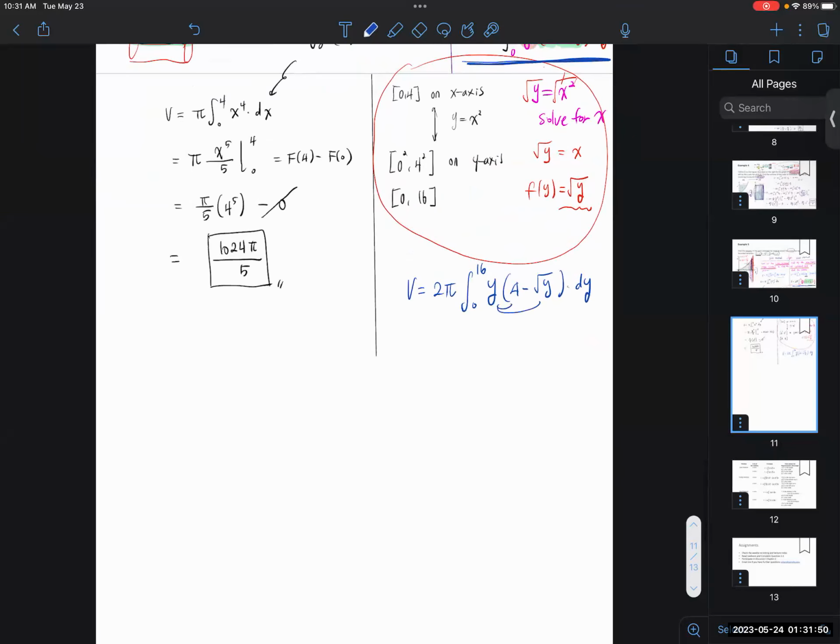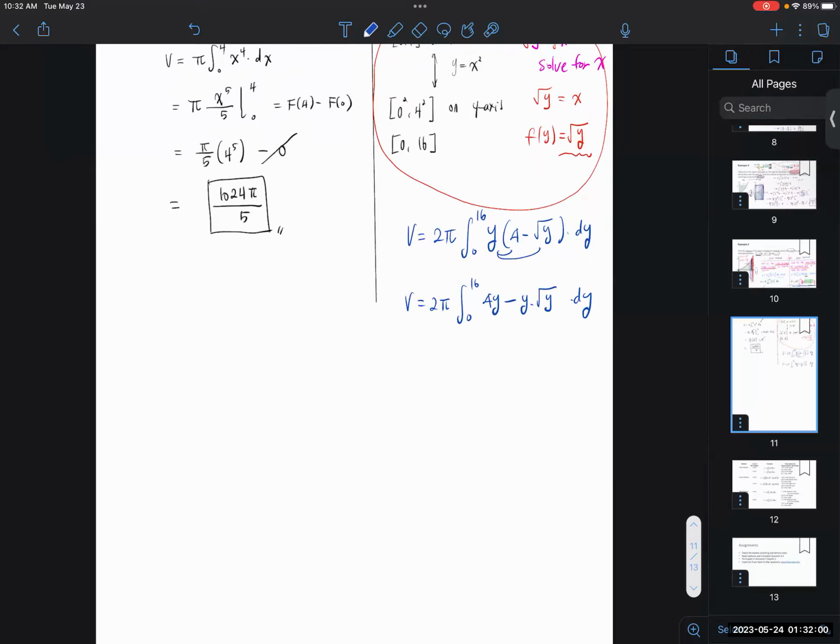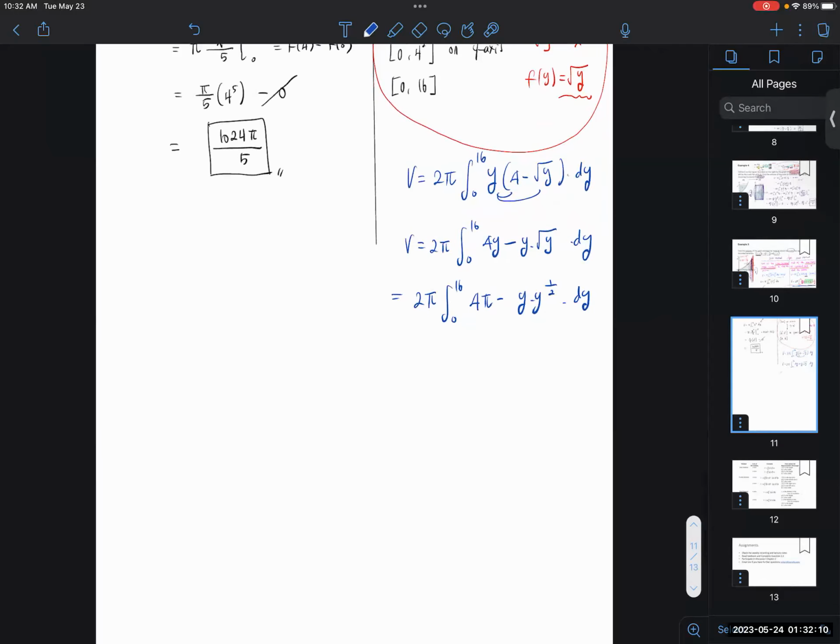I'm going to expand it: V equals 2 pi, 0 to 16, 4y minus y times radical y, dy.